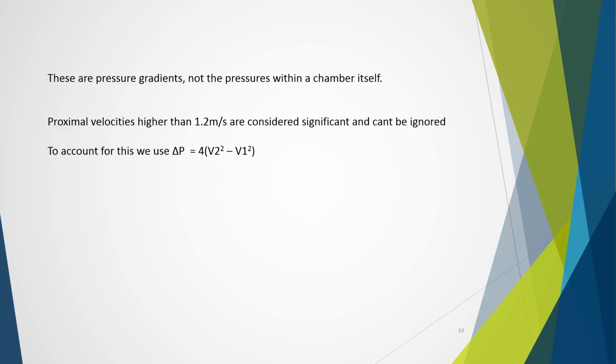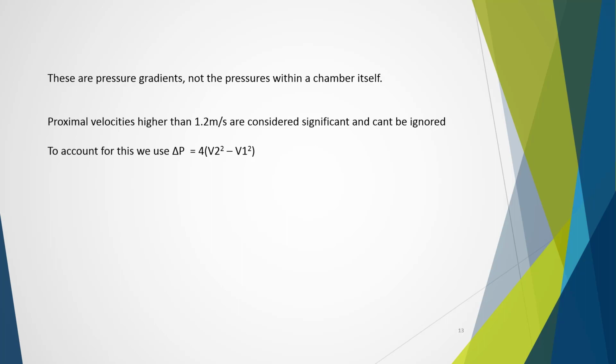The important thing to note here is we're determining pressure gradients, the change in pressure at a narrowing in a vessel or between two cardiac chambers, not the pressure within the chamber itself. I've mentioned that proximal velocities are usually ignored.